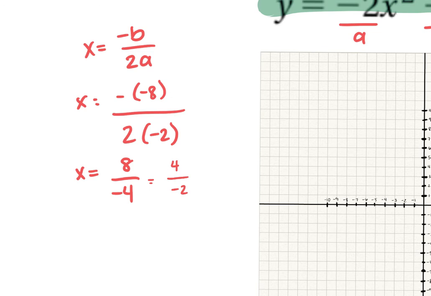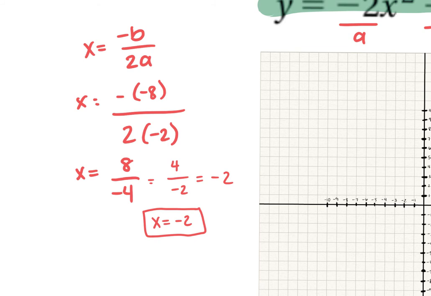You're close. 2 over negative 1, which is just negative 2. You can think about it as 4 divided by negative 2, right? A positive divided by a negative is going to give me a negative number, and 4 divided by 2 is just 2. So we've got our formula, x equals negative 2. I said formula, I meant equation, okay?